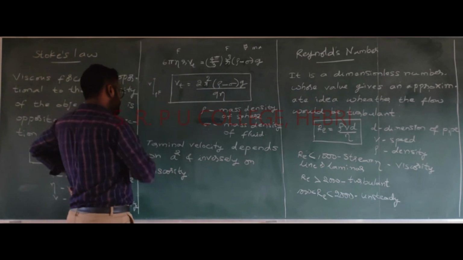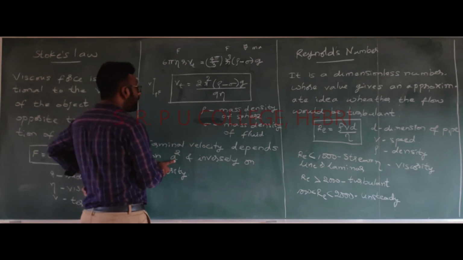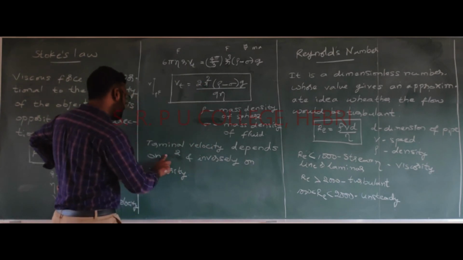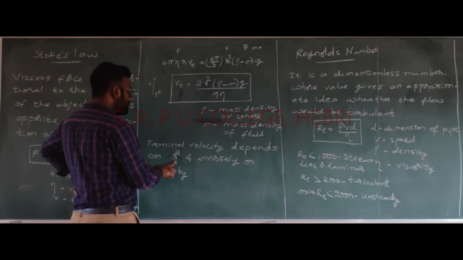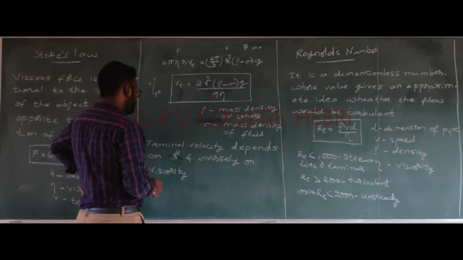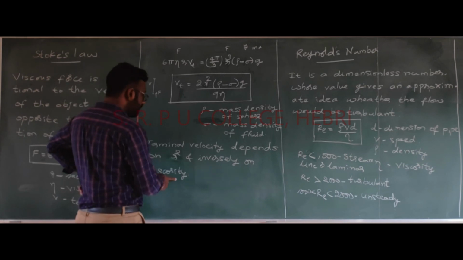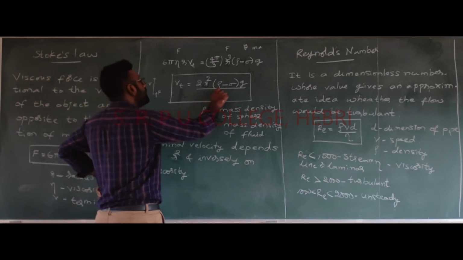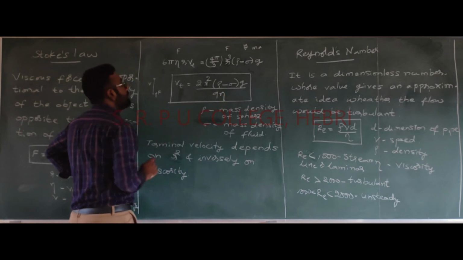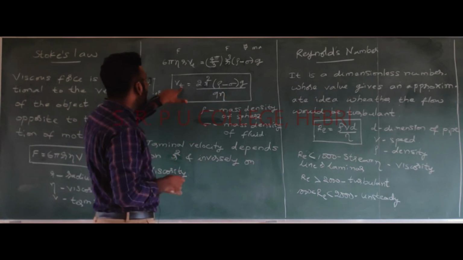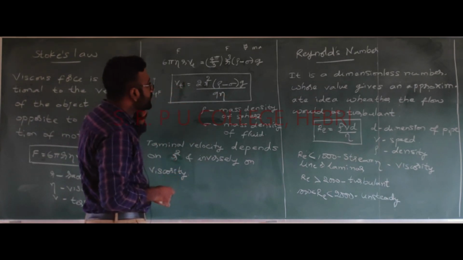Now you can see here terminal velocity depends on r square. What is r actually? Radius of the sphere, right? And inversely on the viscosity. Now I'll make it very clear. Terminal velocity depends on these two factors.